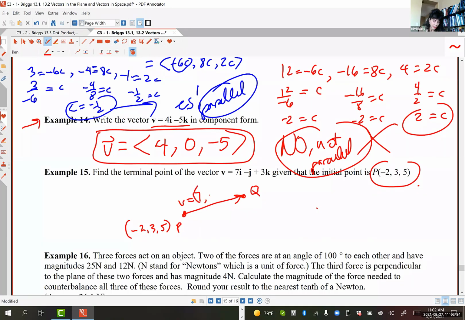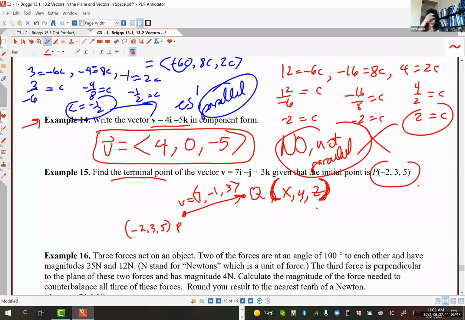I'm going to put it in component form, 7, -1, 3. So how do you get Q's coordinates? Because that's the problem. Find the terminal point. Well, the unknowns here are Q's coordinates. So Q, which is a point, that's why we use parentheses here, not brackets, because it's a point, not a vector.